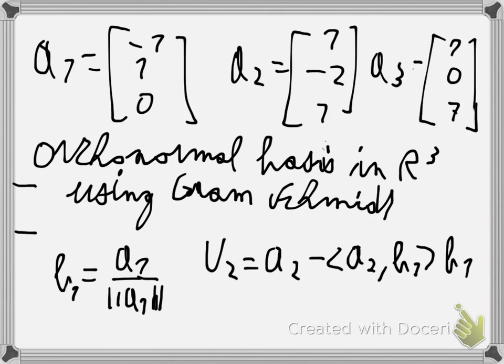Basically, you take your vector A2 and you subtract the projection of A2 onto the first basis. So you are sure to get the vector that has no projection on B1 and thus it is orthogonal to it. And then to find B2 you divide U2 by its length.